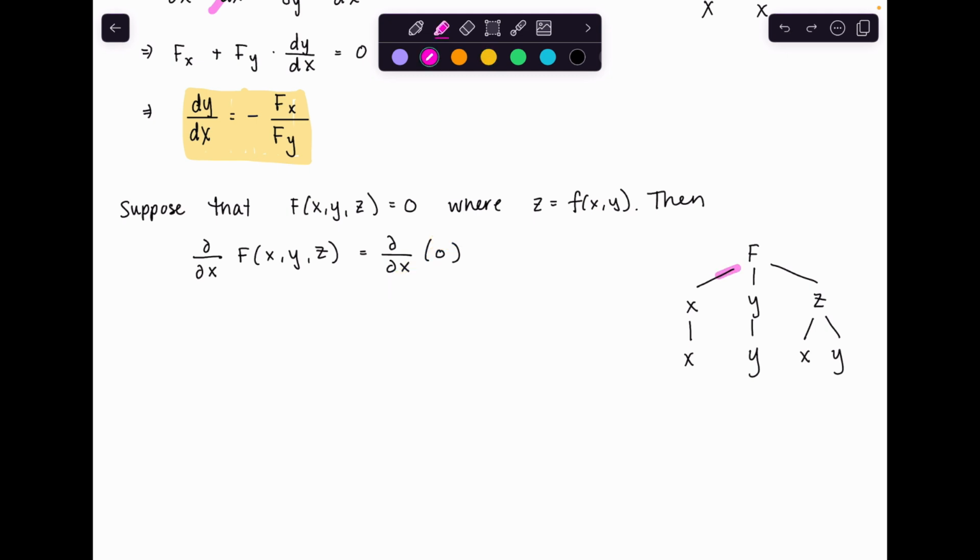And then in this case, if I want to get down to x, I go through x itself, or I go through z. So applying my chain rule, this would tell me take the partial of f with respect to x, and then x to itself does nothing. Or I do the partial of f with respect to z, and then from z I go down to x.